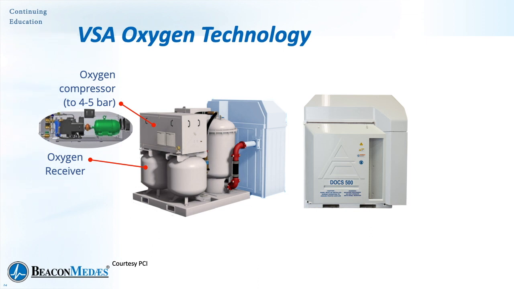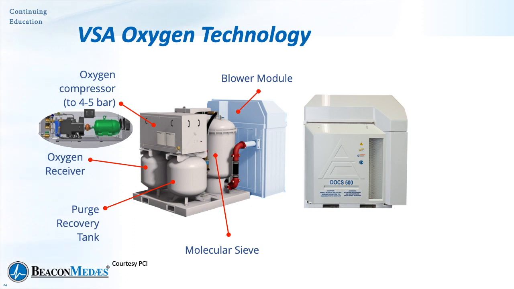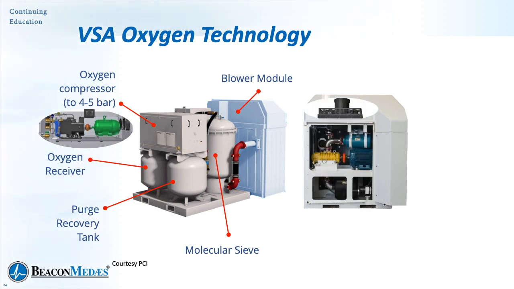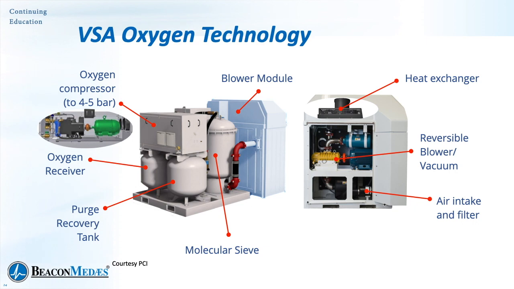Oxygen receiver to store the oxygen, a purge recovery tank, which has to do with the internal operation of the concentrator, the molecular sieve itself, the blower module, which produces the compressed air, I should say, and vacuum for the operation of the molecular sieve. Heat exchanger, a blower and vacuum reversible unit, which is producing both the vacuum and the pressure side on this, and of course intake filtration.